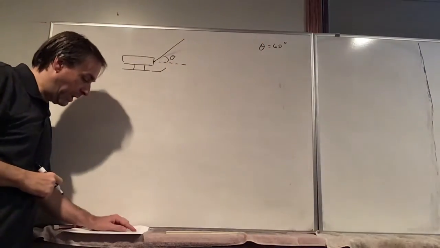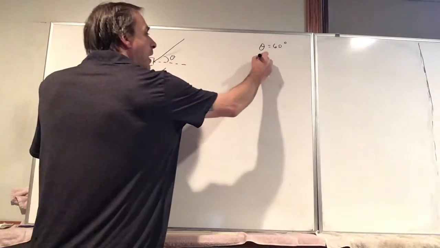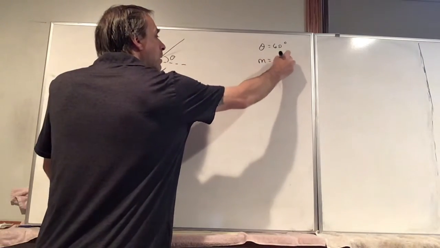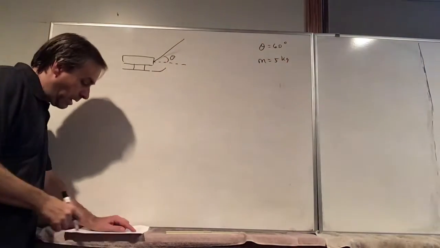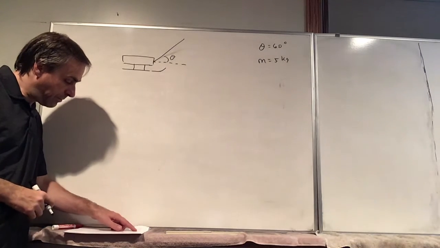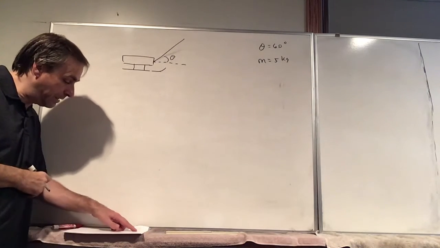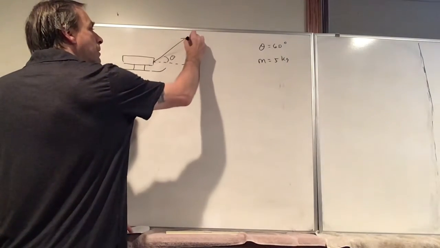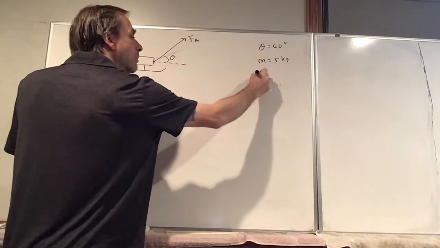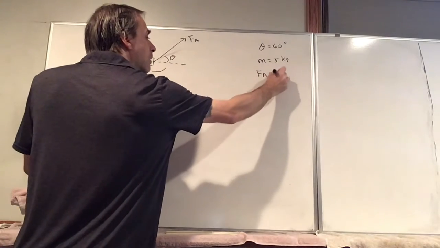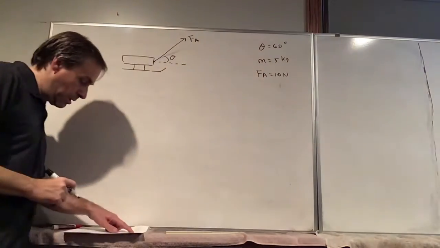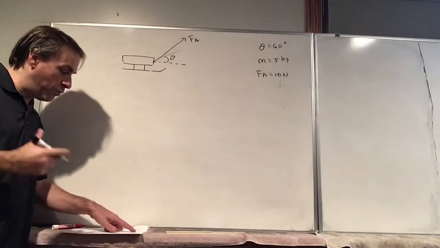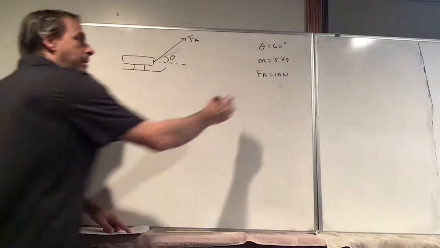So let's see. The mass of the sled is 5 kilograms. He's pulling it across a frozen pond. He pulls on it with a force of 10 newtons. And the sled moves with a constant velocity.